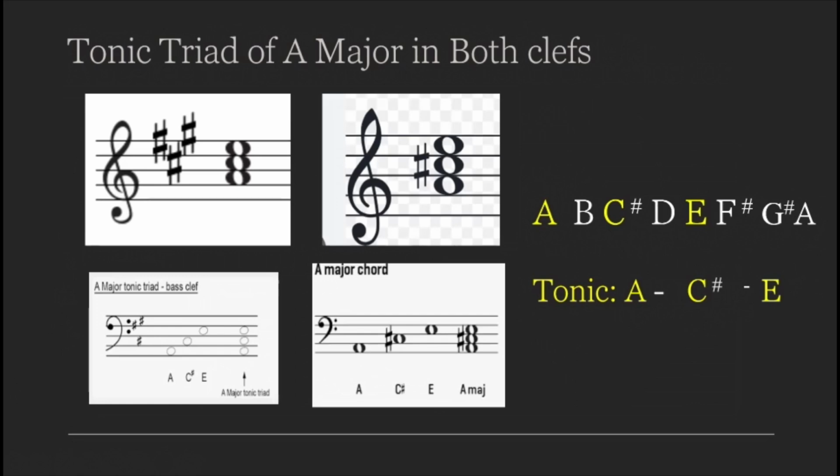Okay. I think according to your syllabus, it is A major, B flat major, and E flat major. Okay. That's what you have in your syllabus. But that does not limit you. You can build your triad on any key.